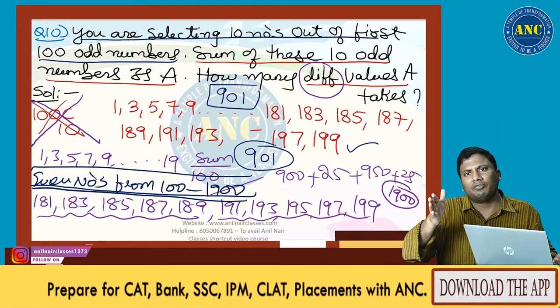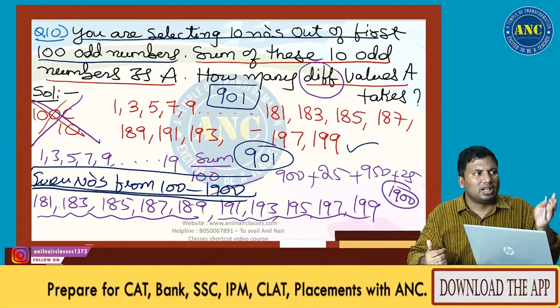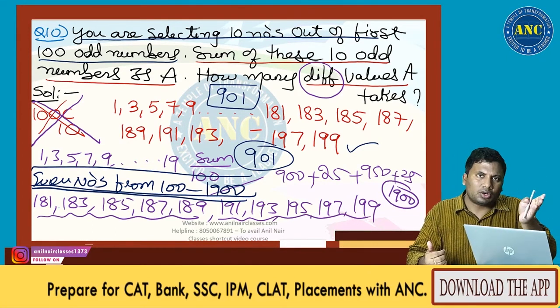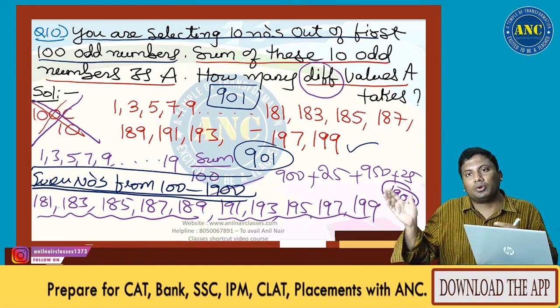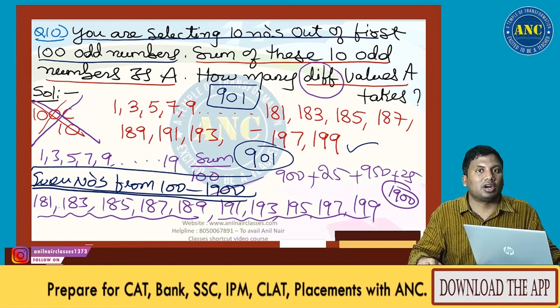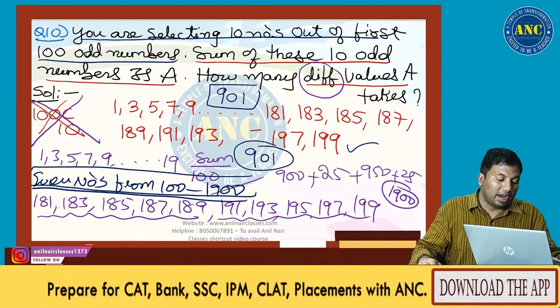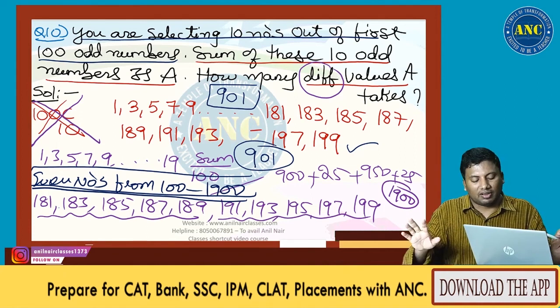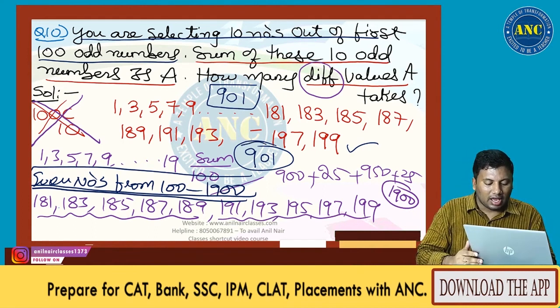Obviously if I remove 19 and add 21, the shift will be plus 2. That means 100, 102, 104, 106, 108 and so on up to 1900. From 100 to 1900, it is 1801 numbers, out of which 901 will be even. The answer for this question is 901.